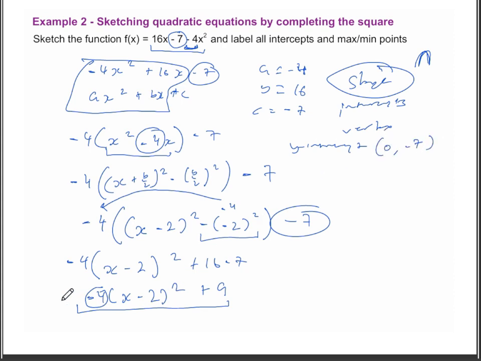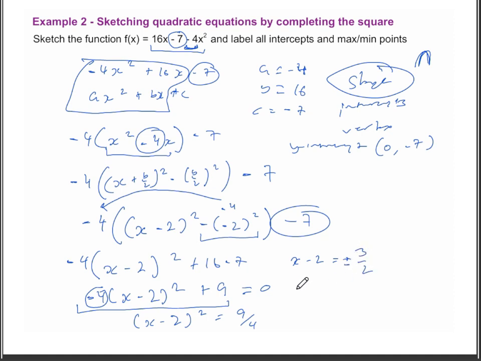Your x-intercepts are the solutions of this equation, so after you make it equal to 0, this becomes (x minus 2) squared equals 9 over 4. Square root both sides, so x minus 2 equals plus or minus 3 over 2.